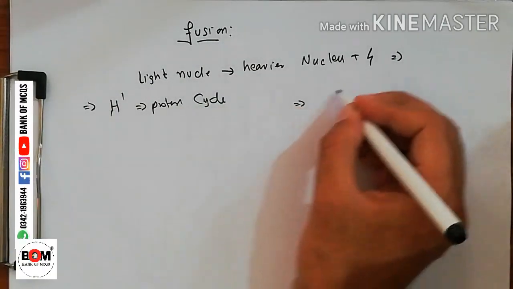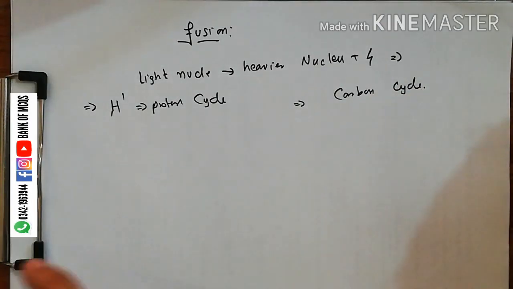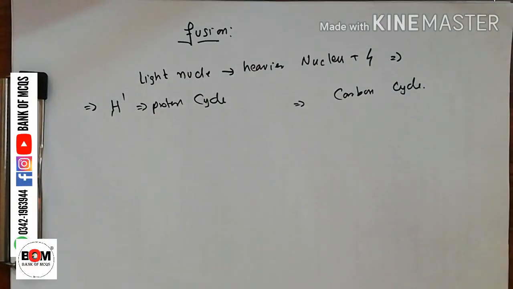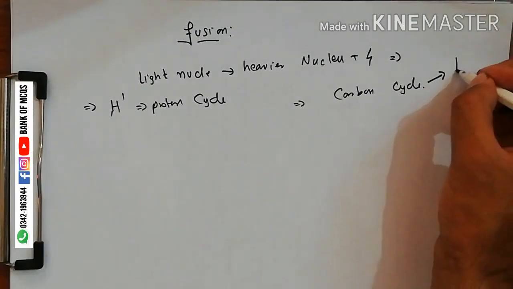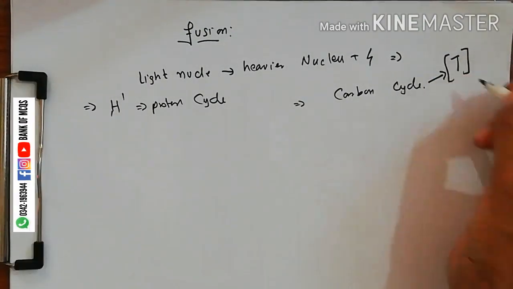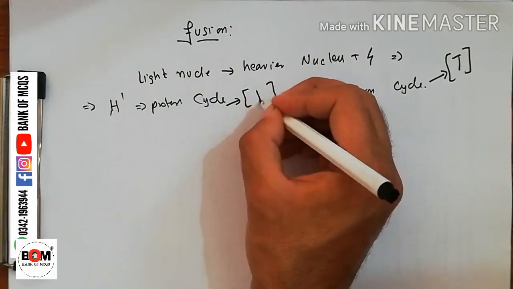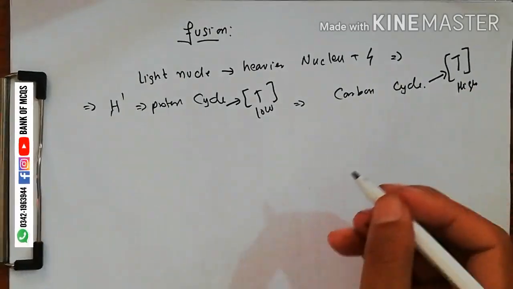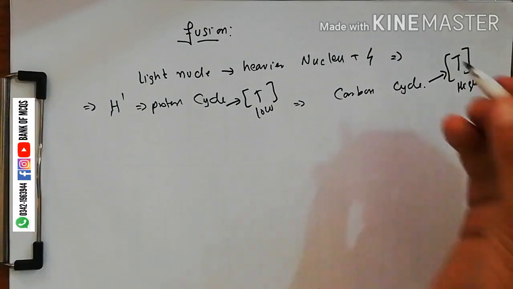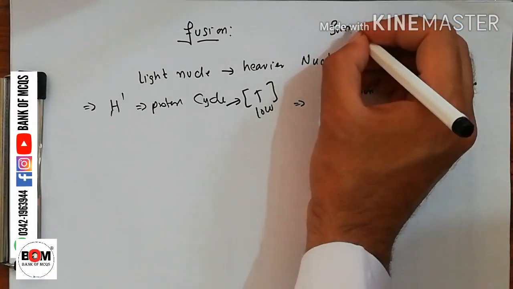The next is the carbon cycle. Now the carbon cycle is more efficient at high temperature. This is a point for entry tests. The proton cycle is efficient at low temperature. If we have stars, the sun is also a star, so we compare with the sun.